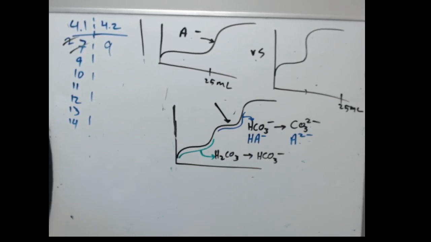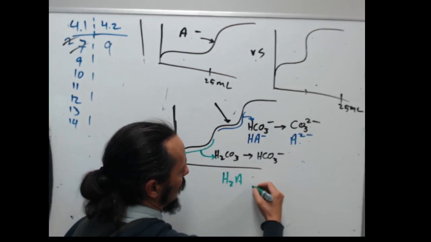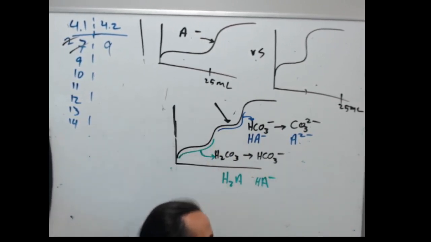For this lower part of the curve, I'd have H2A and HA minus, because whenever we look in a buffer range, we should always have two things that make a conjugate pair. For a diprotic acid with two protons, it's H2A to HA minus in the first buffer range, and then for the second buffer range, it's the second proton falling off.